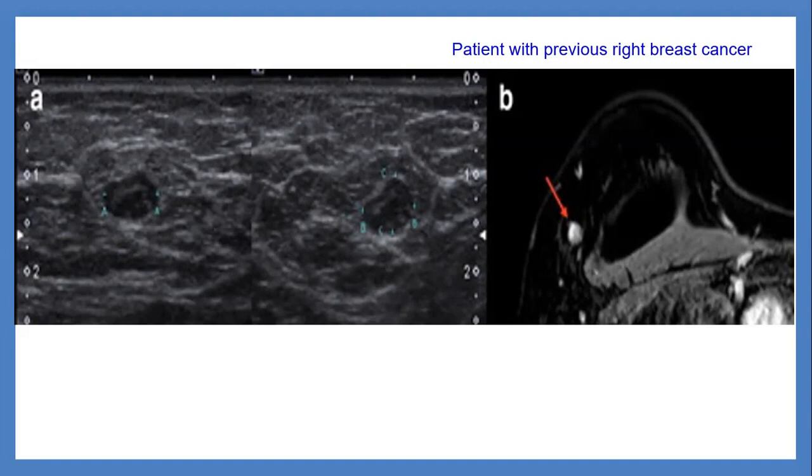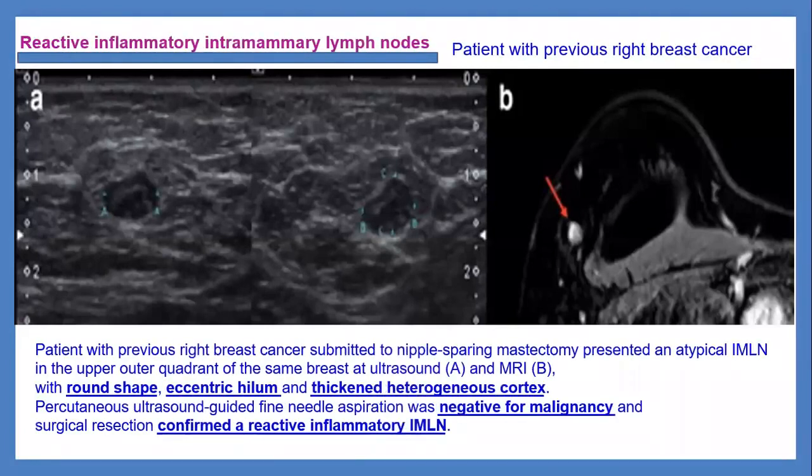And the patient has a previous history of breast cancer. I have to consider even minimal or low suspicious features if the patient has a history of breast cancer. So in this case, I have to do a biopsy. And it turned out to be just reactive lymph nodes.